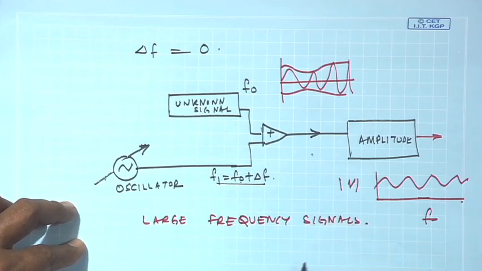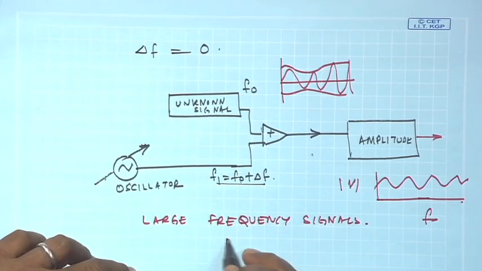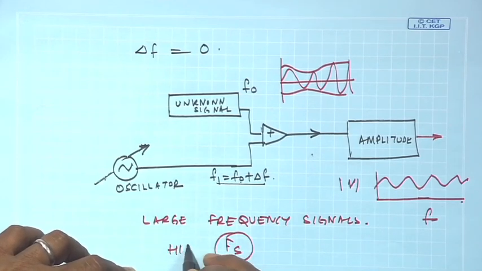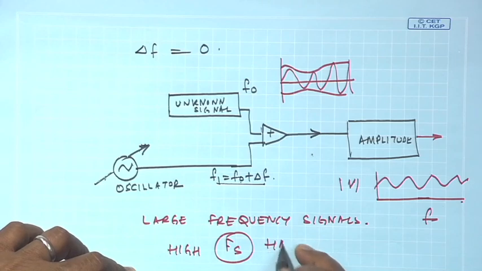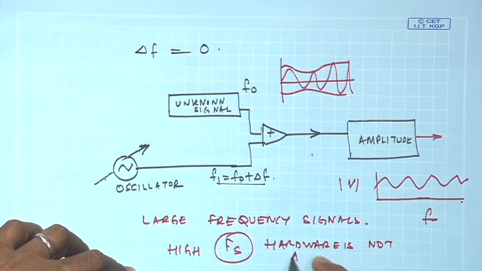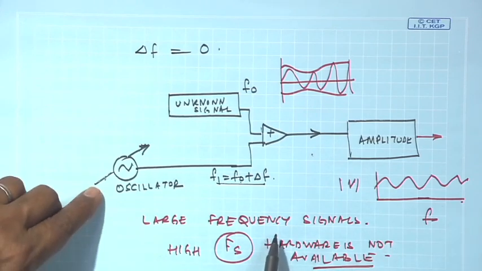Because as I was telling you in the beginning, hardware with a high Fs is not possible. One can do such heterodyning analyzers.